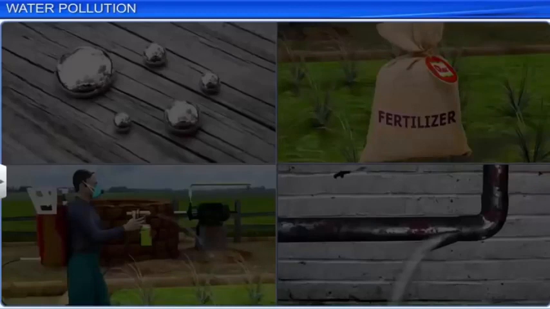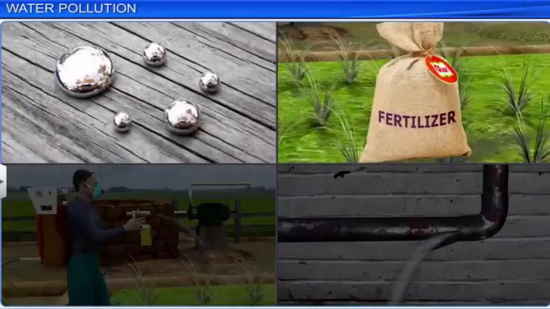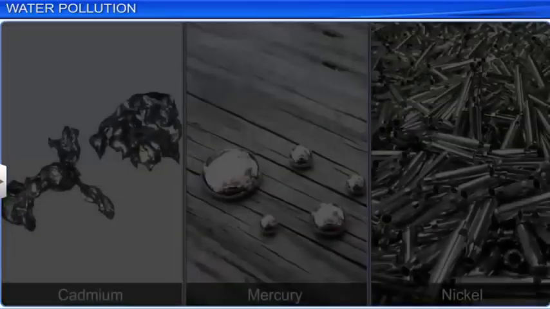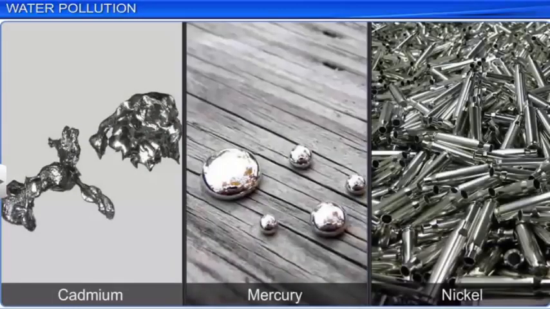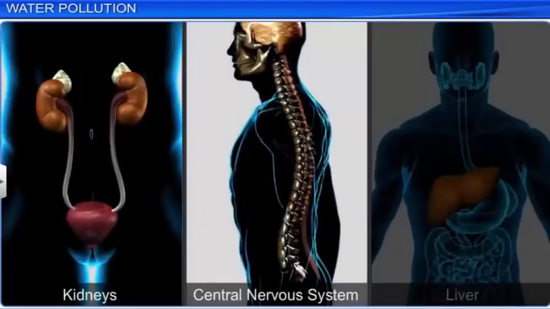Another major cause of water pollution is chemical pollutants like heavy metals, fertilizers, pesticides, and some harmful elements. Heavy metals such as cadmium, mercury, and nickel are water soluble, and the human body cannot excrete them once they get in. These metals damage the kidneys, the central nervous system, and the liver.